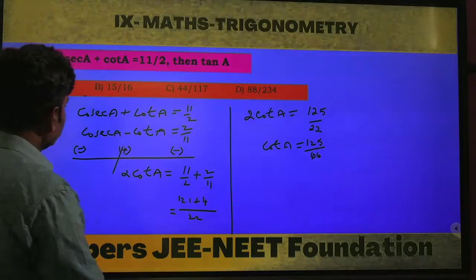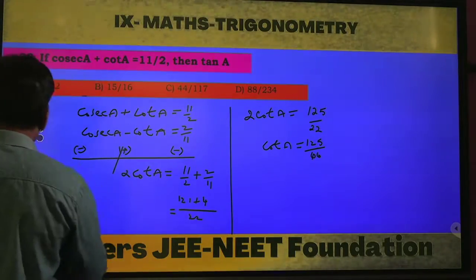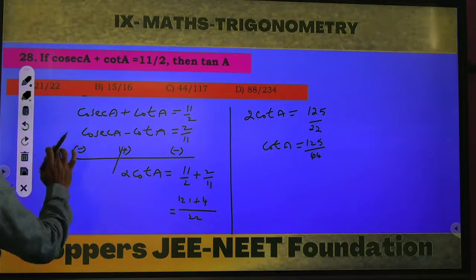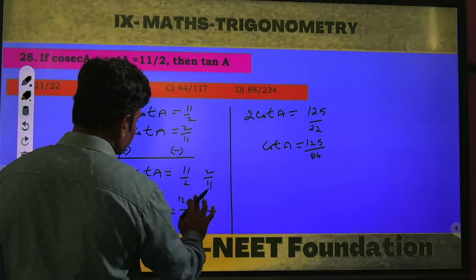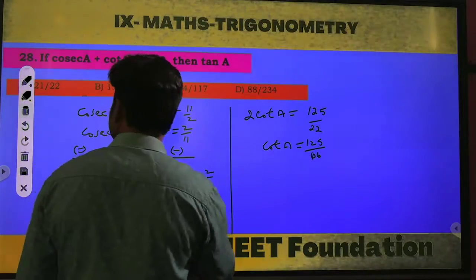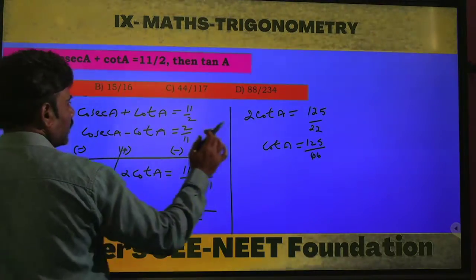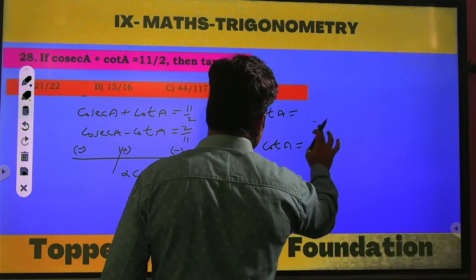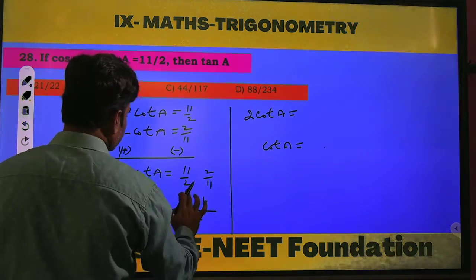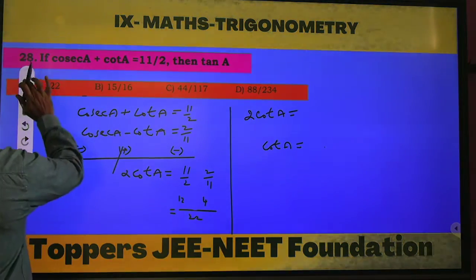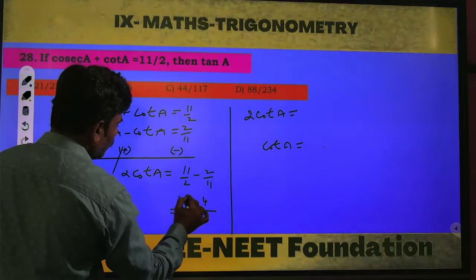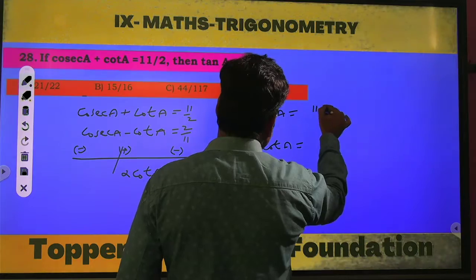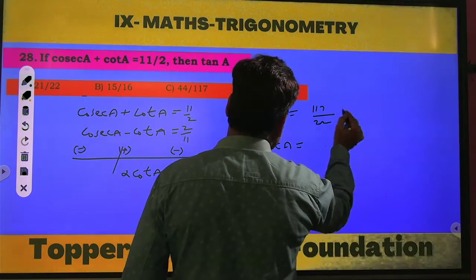Sorry students, here we are subtracting actually. 121 minus 4 is equal to 117/22.